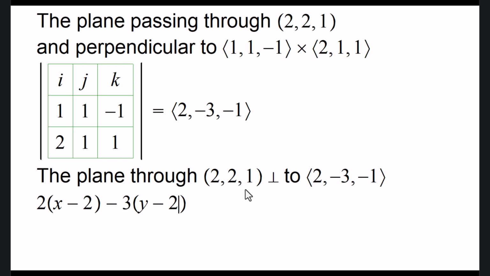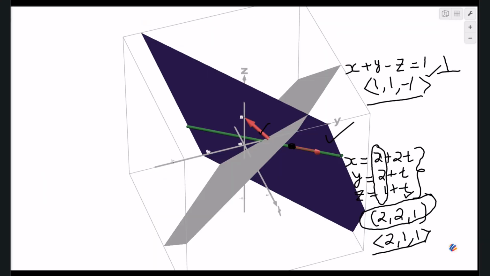So we get negative 3 times (y minus 2), and then here we have negative 1. We are not going to write 1 because that will be absorbed by the multiplication. So this equals 0, and if we solve for z, this becomes the equation right here. Okay, so if we go ahead and plot it, we get our desired plane here.